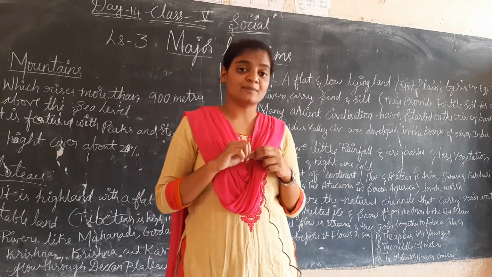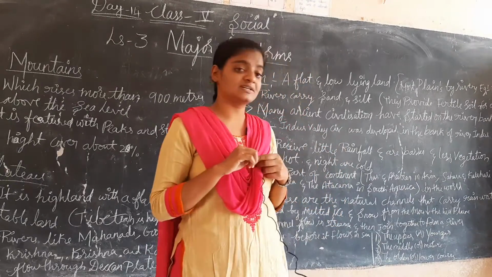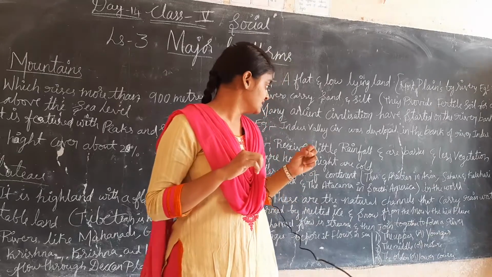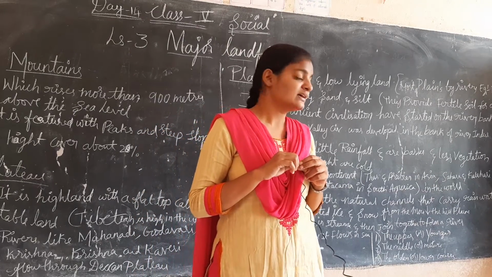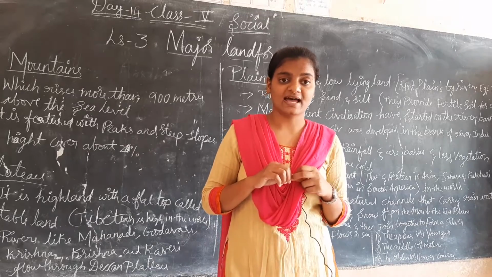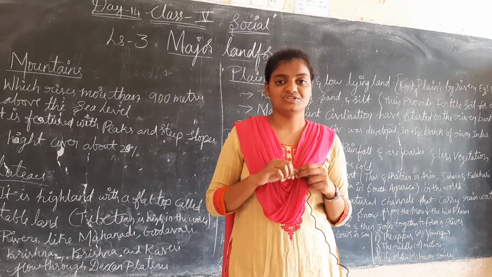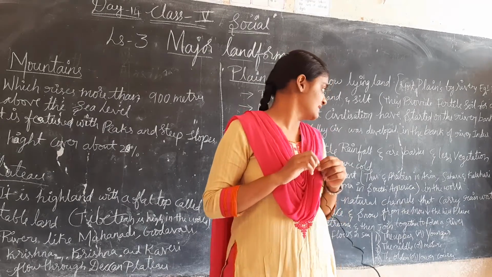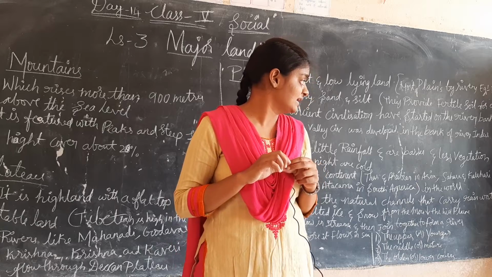Some of the main important deserts in the world are the Thar desert and the Arabian desert in Asia. Next, the Sahara and Kalahari deserts in Africa.